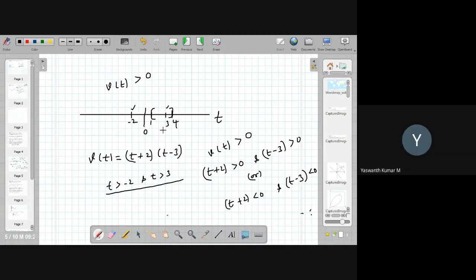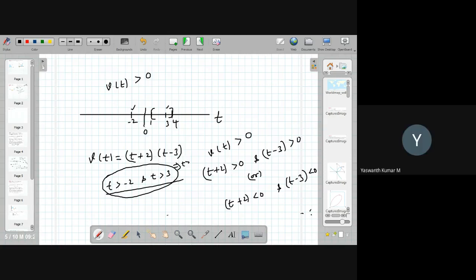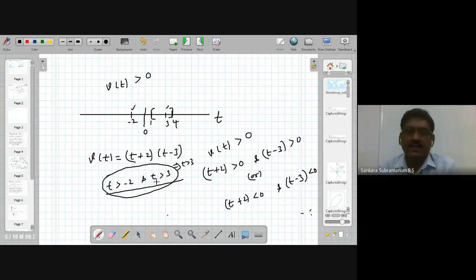This implies t must be greater than 3. அதுல ஒரு நம்பர் சொன்னா கண்டிப்பா -2 விடவும் அதிகமா இருக்கும், 3 விடவும் அதிகமா இருக்கும். But the maximum limit is 4 தான். அப்ப 3 to 4 சப்ஸ்டிட்யூட் பண்ணி பார்த்தோம்னா இந்த வேல்யூ வரும். அதே மாதிரி இங்கே இன்னொரு கேஸ் இருக்கு.